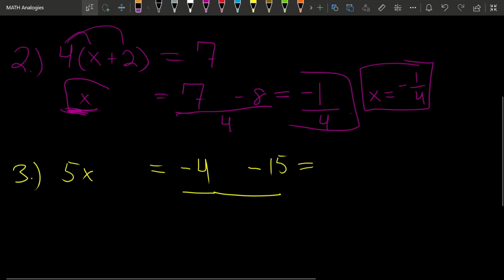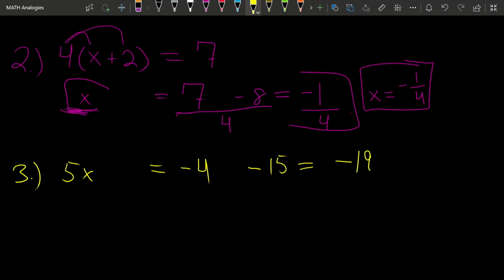So basically minus 19. It's just 4 plus 15, which is 19, but the negative version. Because we started at negative 4, and then we went back even more negative by 15, until we arrived at negative 19.